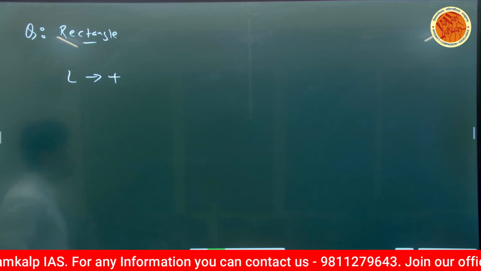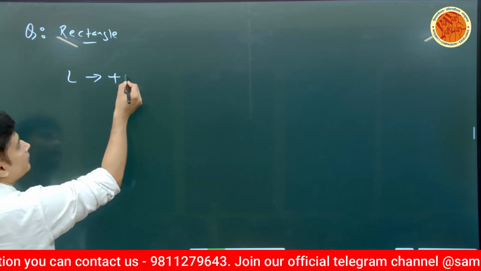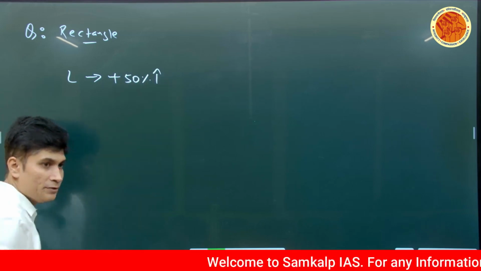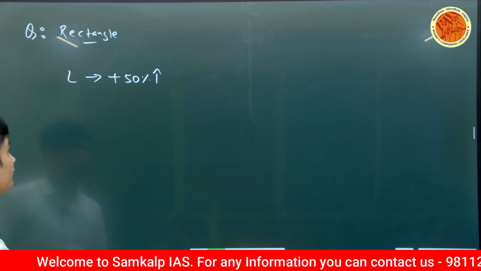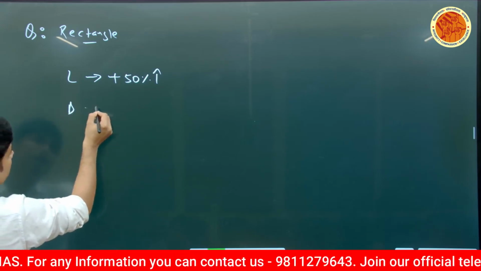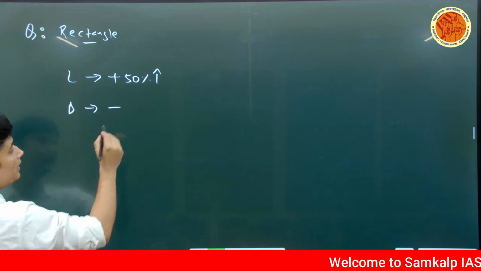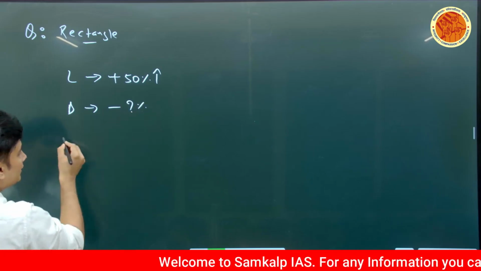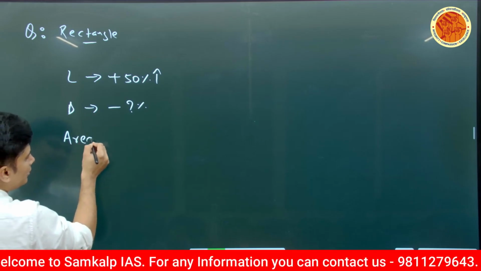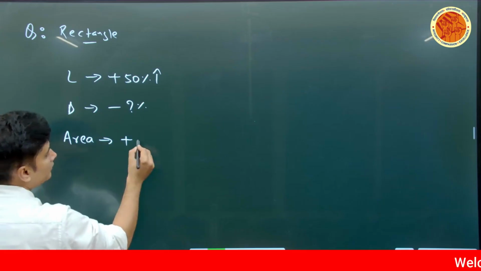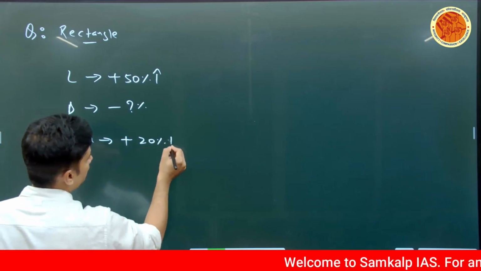L is increased by, let's suppose, 50%. L is increased by 50%, meaning the length of the rectangle increased by 50%. So by what percent should the breadth be decreased, so that this time the area does not remain constant? The area increases by 20% only.